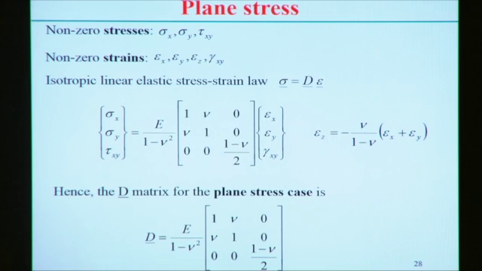Looking into that relation in terms of the elastic modulus, if we rearrange these equations, we can write it in matrix form like this: sigma equal to D into epsilon. So stress equals D into epsilon. Here D is related to the properties of the material, that means D is a function of material properties like Young's modulus and Poisson's ratio.